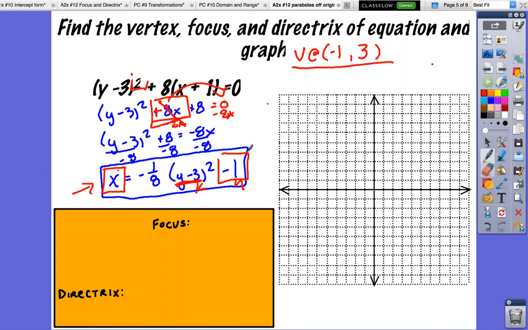Now I'm going to graph this last because I want you to think about it algebraically. So what's my a value here? -1/8. Equals 1 over 4p. So cross multiply, and what'd you get for p? -2. Perfect. Any questions on that?